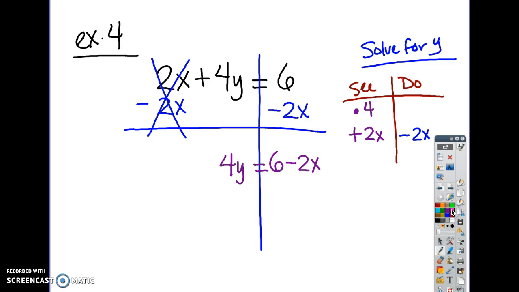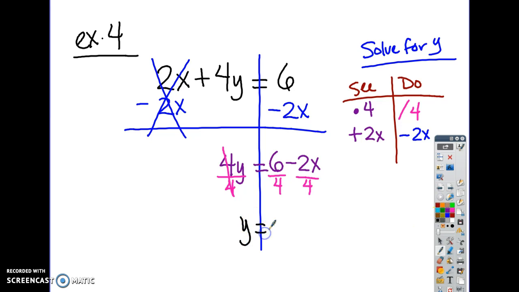What is the opposite of multiplication? So I'm going to divide by 4, both sides. Divide this by 4, divide this by 4, and this one by 4. I'm not doing it to the whole thing because this is a number I can divide and this is a number I can divide. So cross out the 4.